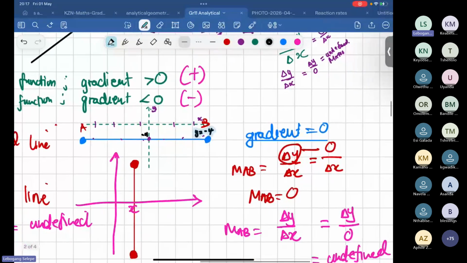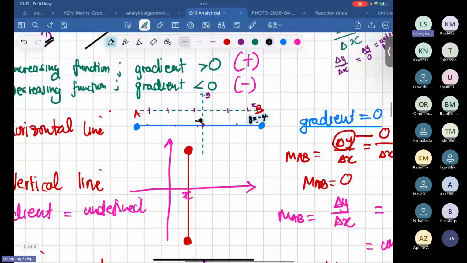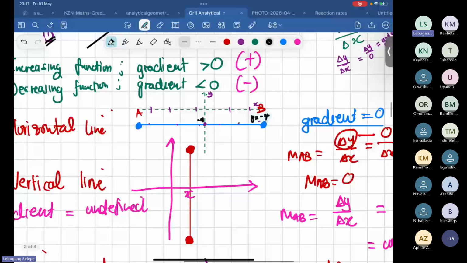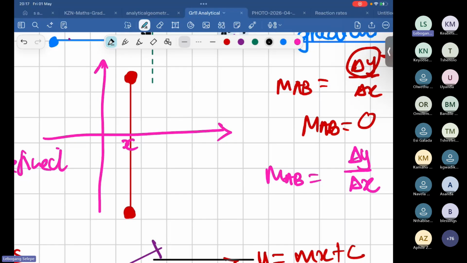Then we are looking at a vertical line, right? We started with the horizontal one. Now let's look at the vertical line. What is a vertical line? When you're talking about a vertical line, we're talking about a line that is parallel to the y-axis. Remember, I said a horizontal line is a line that is parallel to the x-axis. Vertical, it's parallel to the y-axis.